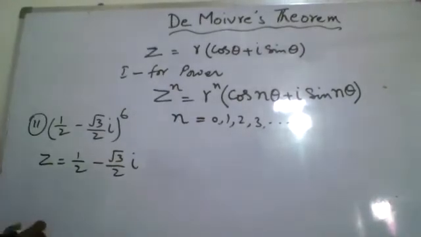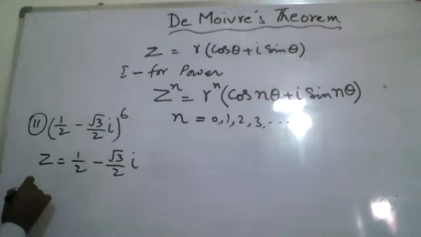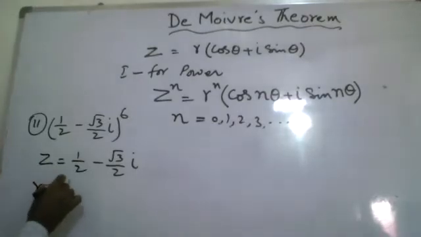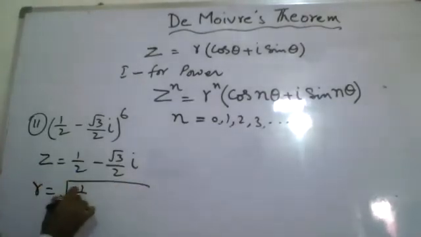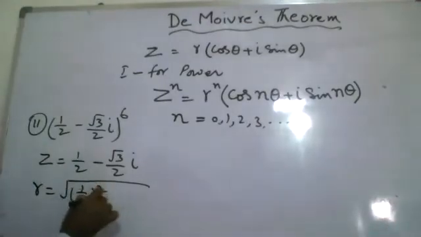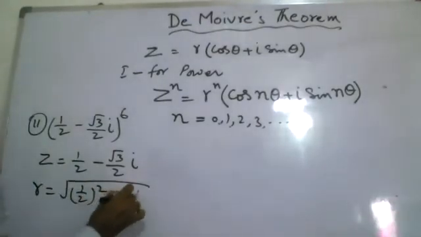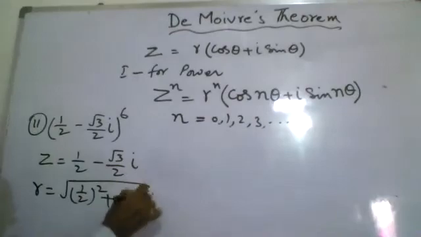So first of all we'll find R. R will be equal to the square root of (1/2)² plus (−√3/2)².